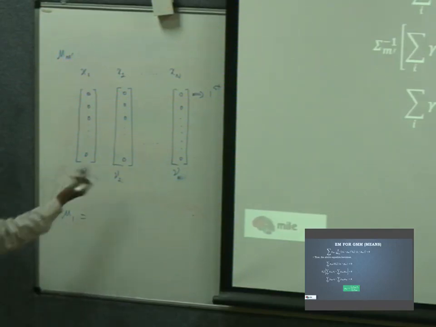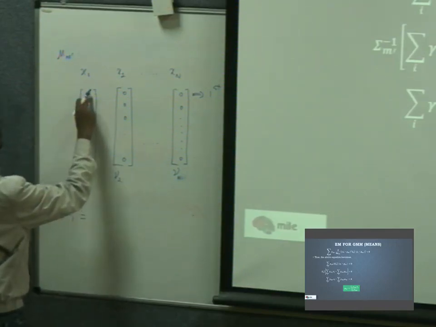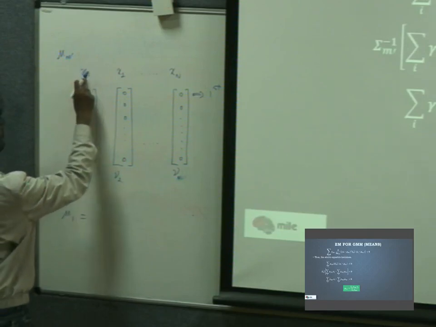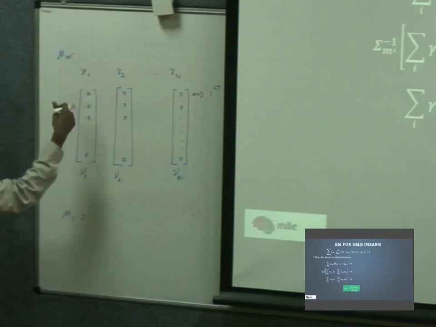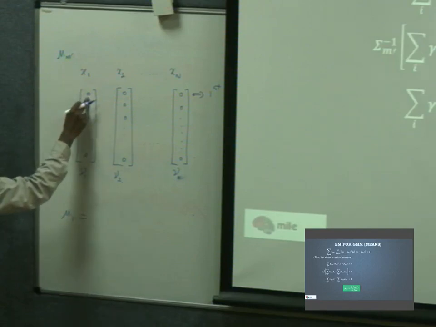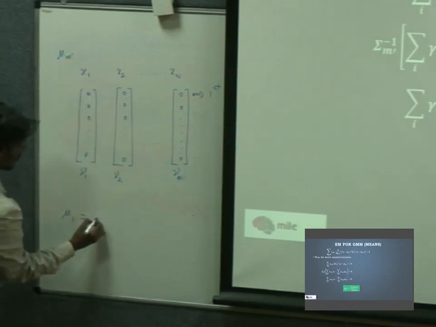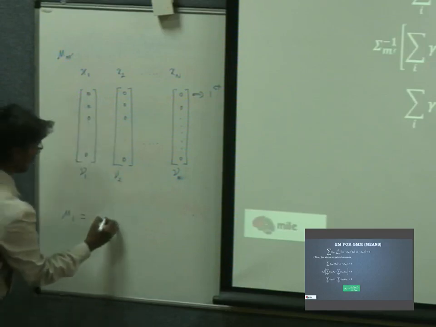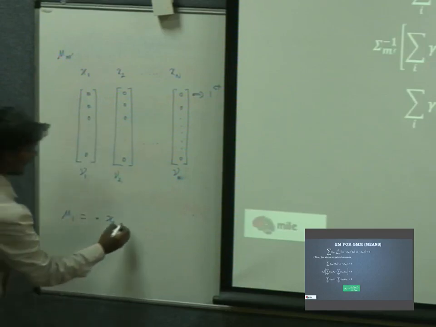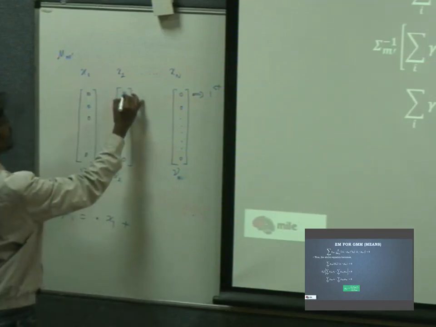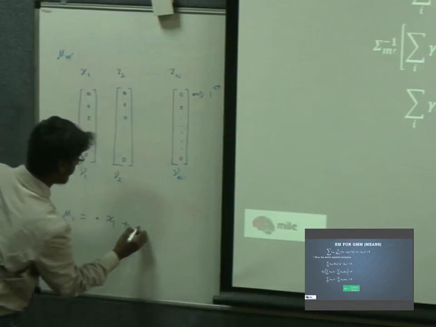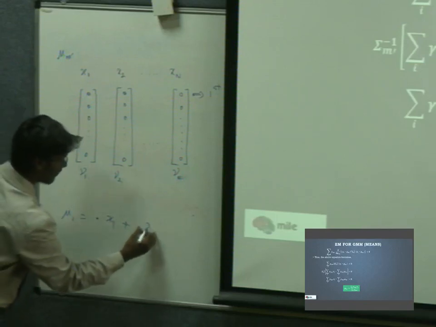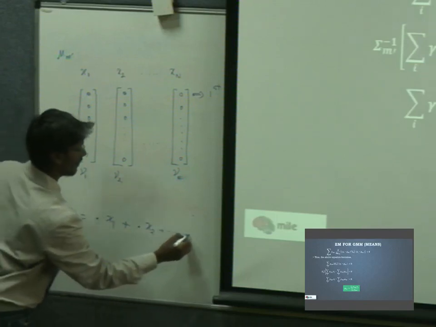If it is not, then you should weigh the samples accordingly. This is the probability that this vector might have come from the first component, so whatever probability we have here, weigh it by that, and so on.